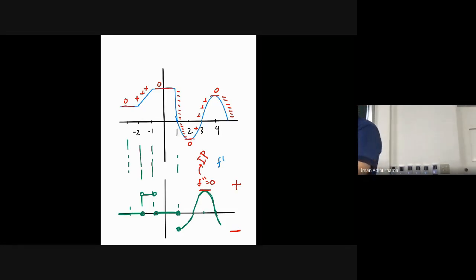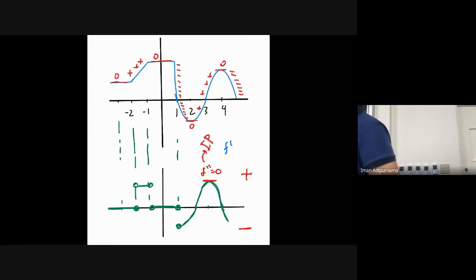We still have around 30 minutes left for our course. I will move on to how to sketch a graph. I will skip some parts, but I will give you the essential points of what you need to do if you need to sketch a graph. Is there any questions from here?